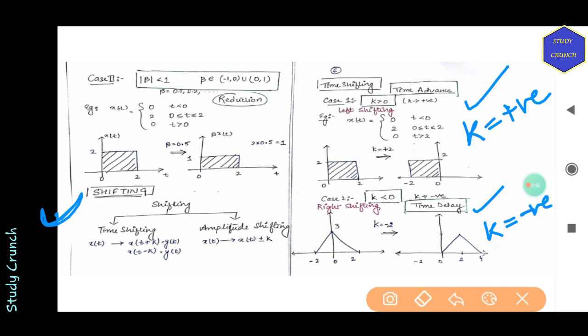So for k plus 2, this will be in advance, that is 2 seconds advance, whereas in time delay we have right shift, it will be in the delayed part.